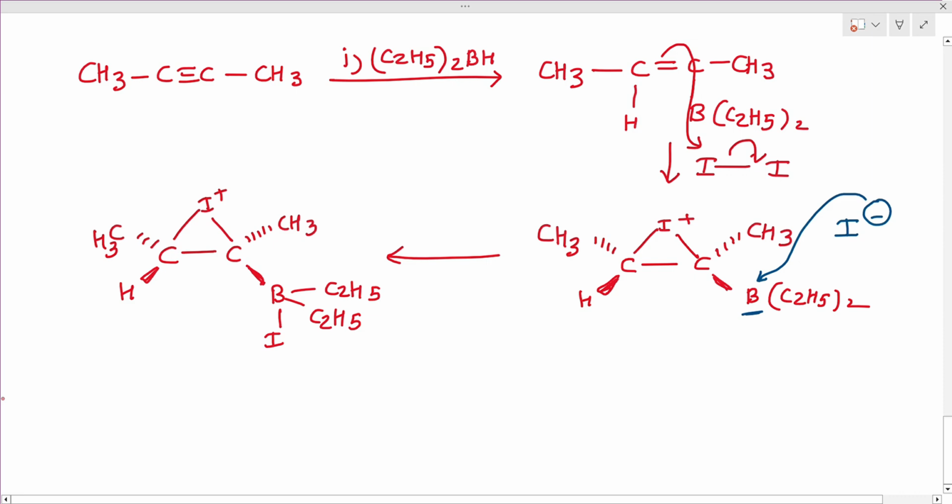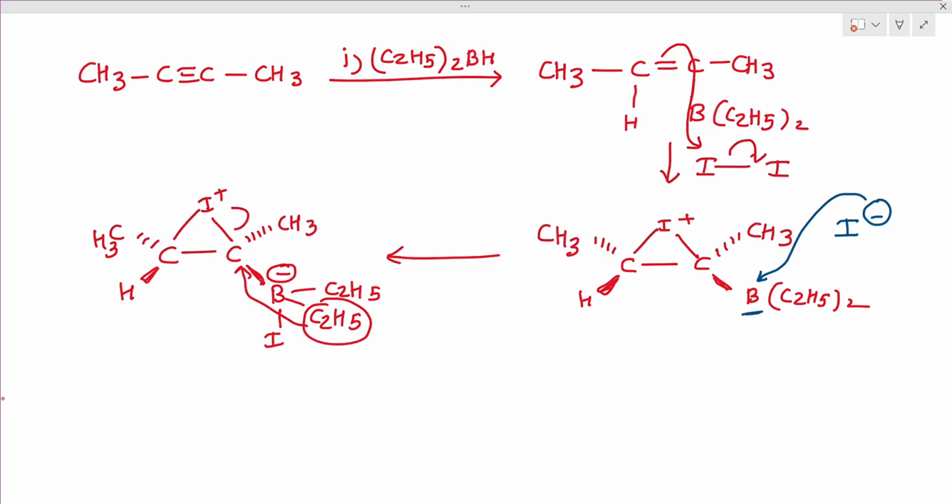Now here is the negative charge, so there will be a strain. So what will happen? This alkyl group will move here, and this bond will move like this. So this bond will rupture, and this three-membered ring will open.